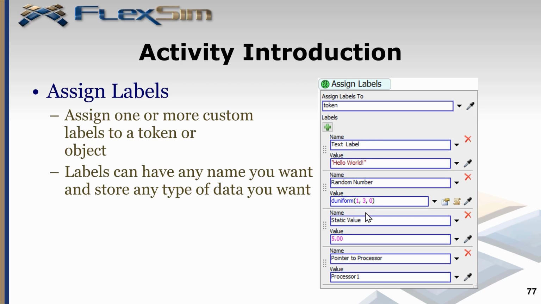The next example is a label called static value, and the value is a number 5. And the last example here is of a label named pointer to processor, and as the name implies, it's a pointer to a processor called processor 1, probably out in the model, and probably sampled with this sample button here.